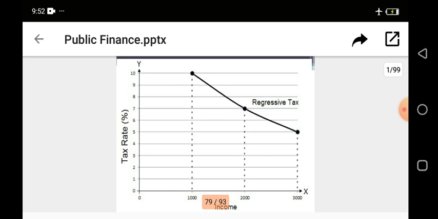So someone earning 1,000 naira is paying a tax rate of 10%, and someone earning 2,000 naira is just paying a tax rate of 7%, while someone earning a higher income of 3,000 is just paying a tax rate of as low as 5%. That's one of the advantages of your regressive tax system.